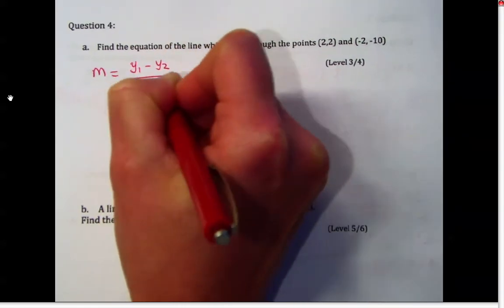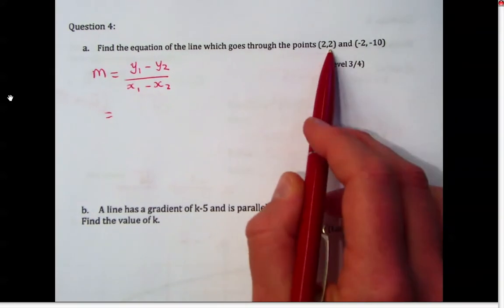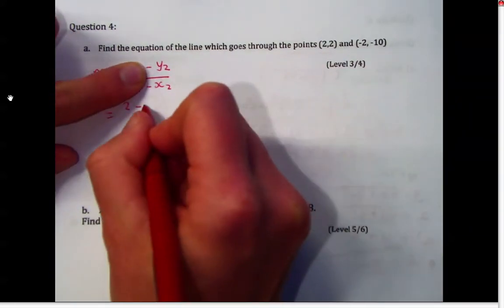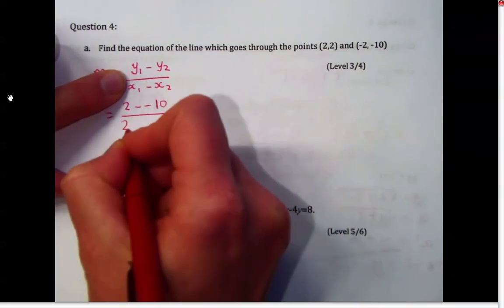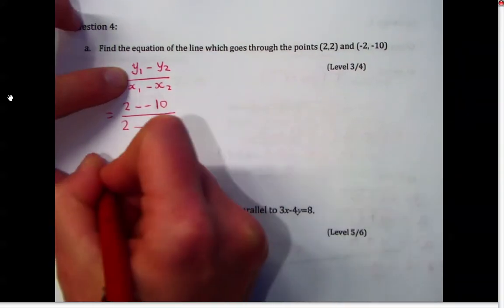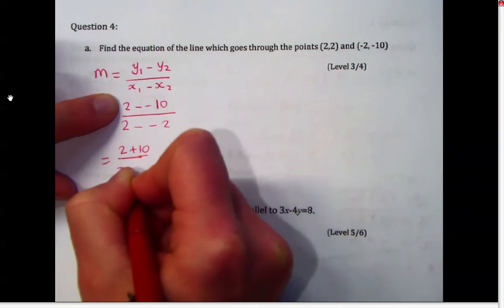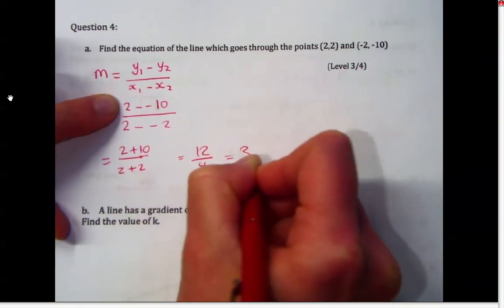It doesn't matter which way around as long as you're consistent. Okay, so I'm going to do 2 minus 10. Be really careful with your signs on these. And then 2 minus 2, which is 2 plus 10 and 2 plus 2, 12 over 4, which is 3.